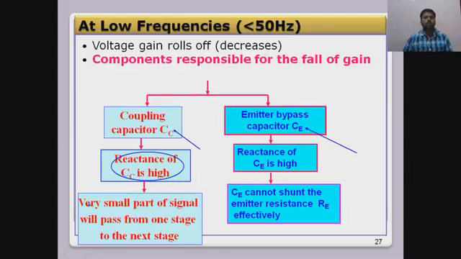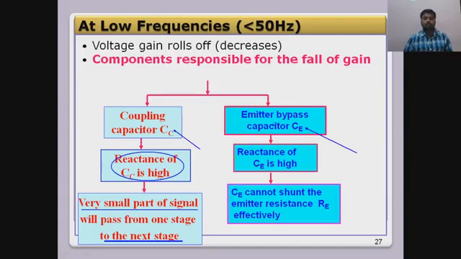Only a very small amount of the signal crosses the first stage and is given to the next stage. Because of this, the input signal of the second stage is very small, which amplifies only less. The gain is very less.